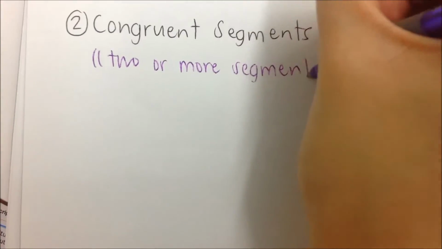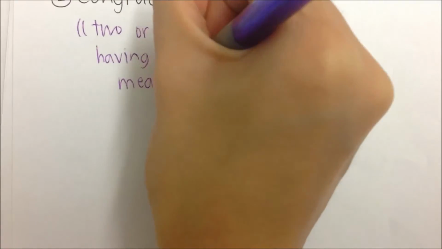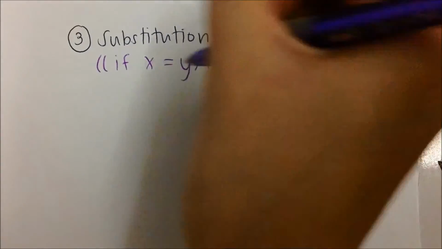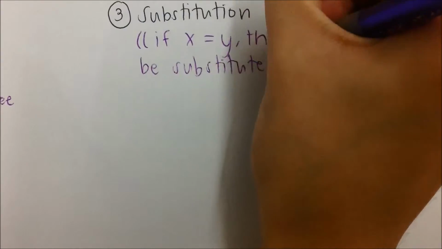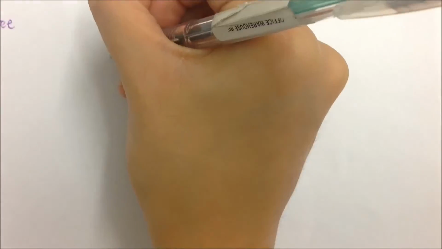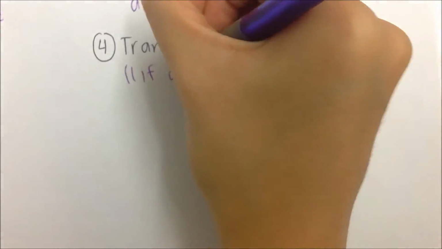Two segments having exactly the same measures. Substitution. If x is equal to y, then y can be substituted for x in any expression. Transitive property. If A is equal to B and B is equal to C, then A is equal to C.